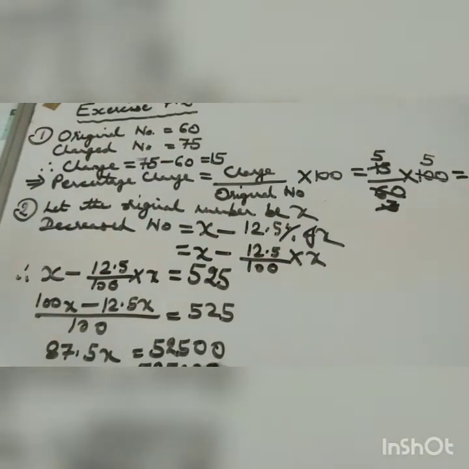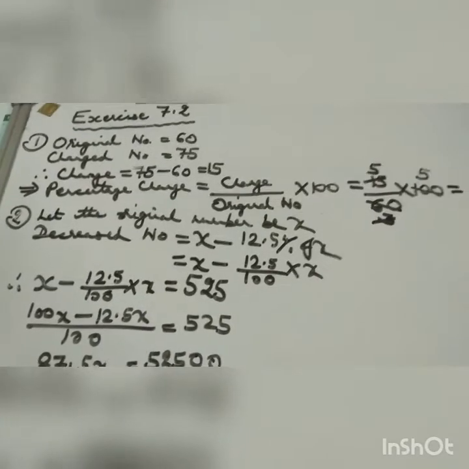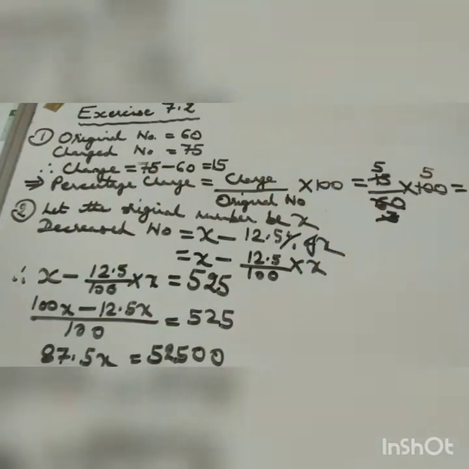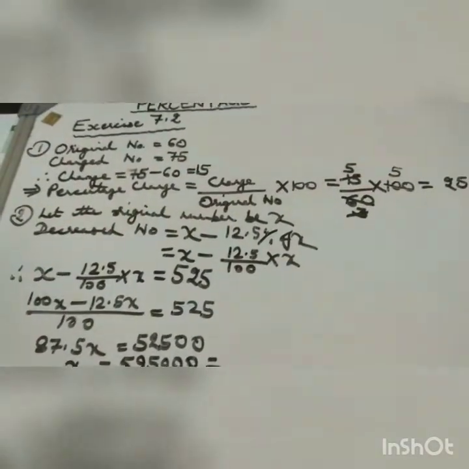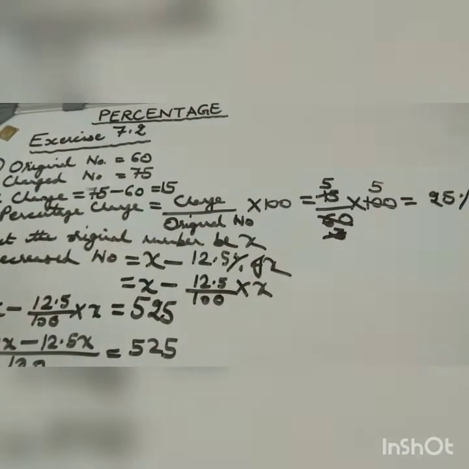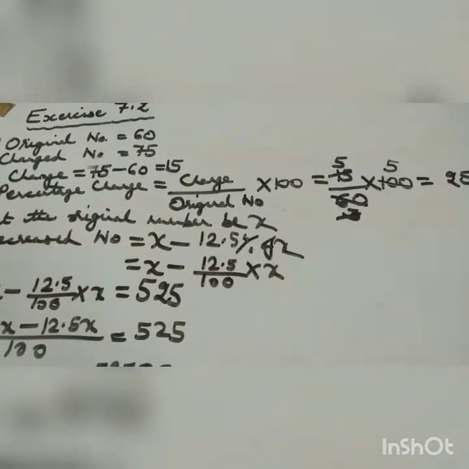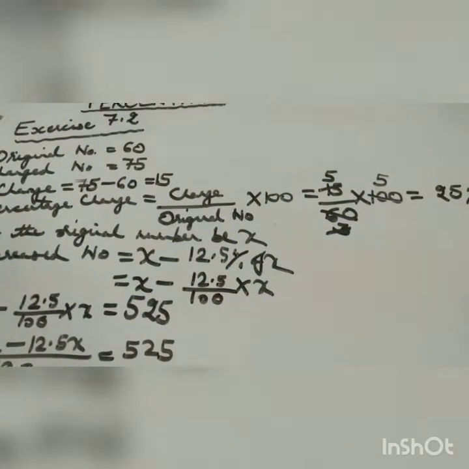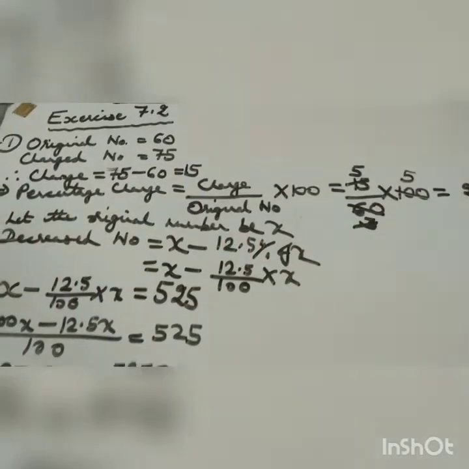You can cancel the decimal, you will get this. Now, by what number will you cancel? 25. Can you try? Yes. So, how much do you get? 25 twos are 50 and 25 ones, and how many zeros? 3 zeros.